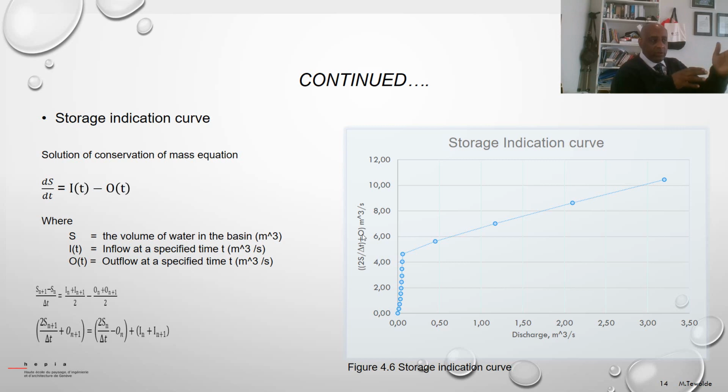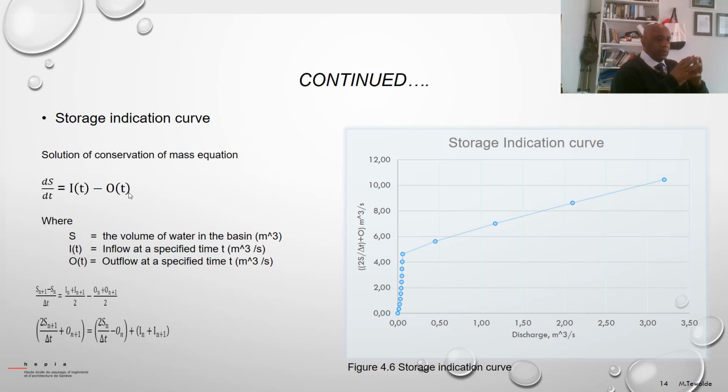We relate them with this equation, and later we are going to use that storage indication curve also to calculate the outflow hydrograph. So this is the storage equation, developed from the conservation of mass equation, with the principle of conservation of mass.